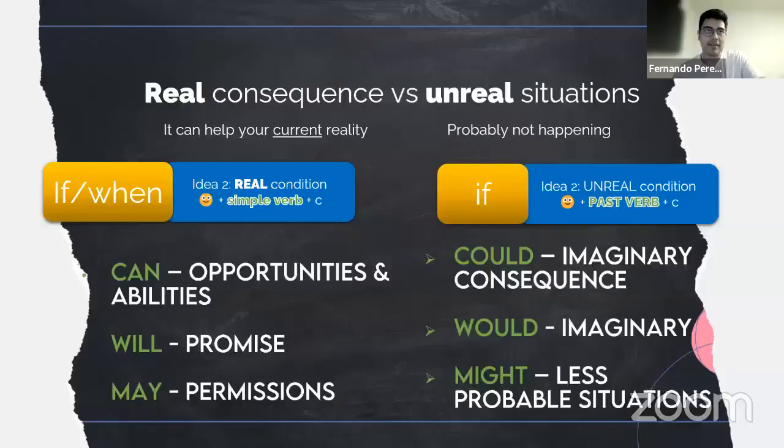You can use when in the real situation. So try to promise me again to invite me to a party. When I buy a house, I will invite you to a party. That sounds like a promise.